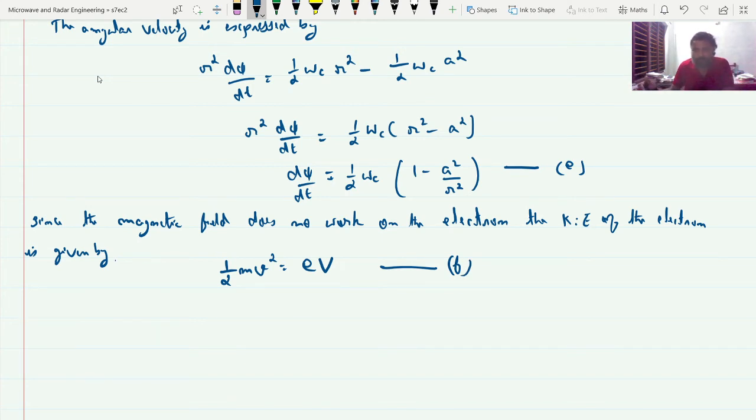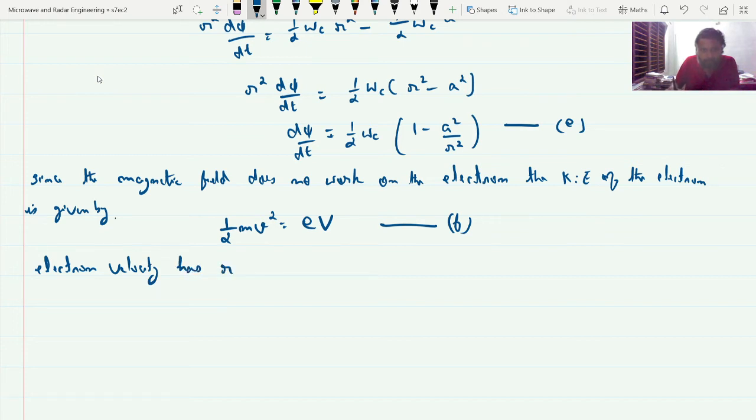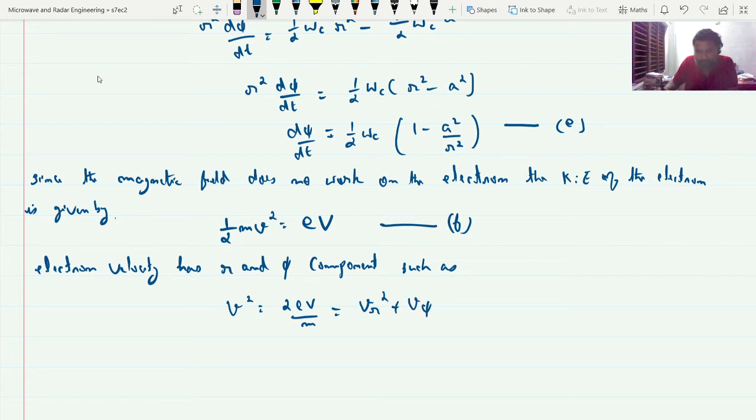Okay, so now the electron velocity has r and phi components, such that v square is nothing but 2eV by m, which is nothing but vr square plus v phi square.